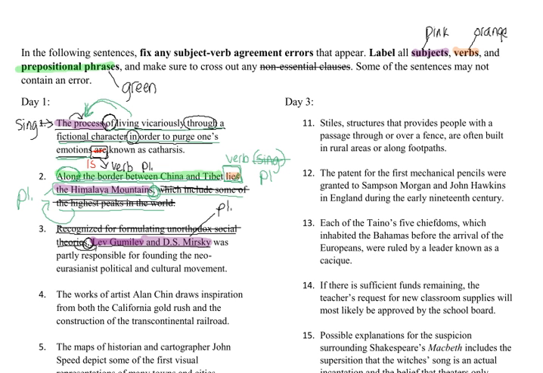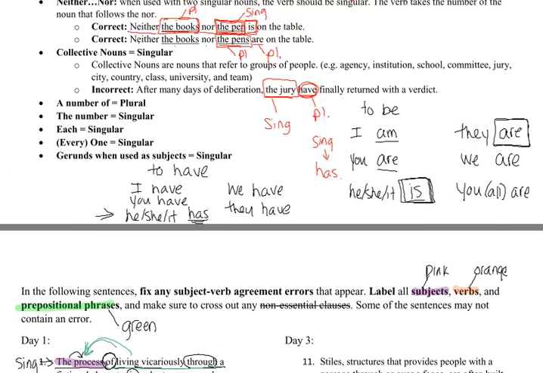Was. Well, was is our verb, which means we have a plural subject. Well, what is was? Is was singular or plural? That's actually past tense of to be, and I'm going to go ahead and conjugate this for you up here. So I was, you were, he was, they were.